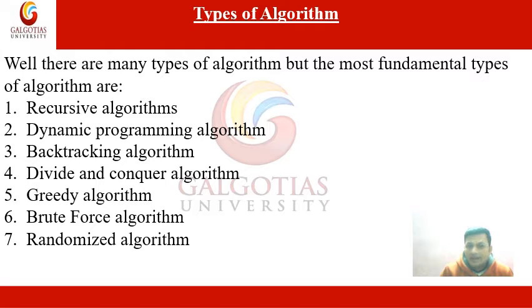Well, there are many types of algorithm, but the most fundamental types are, number one, the recursive algorithm. What is recursive? If there is a parent problem, the same concept can be applied to the child. The parent problem must be broken into a number of children. If the parent has some properties, the child must also have the same properties.